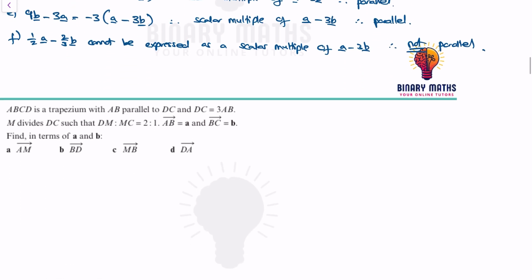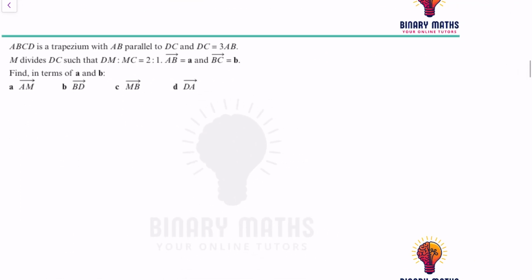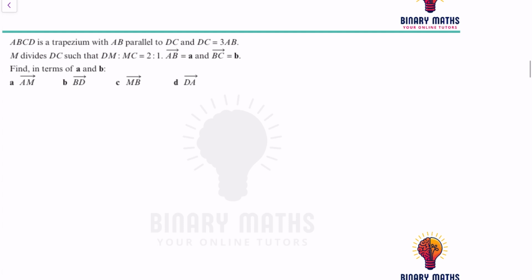Okay, next question. ABCD is a trapezium with AB parallel to DC. So A, B, C, D. AB is parallel to DC, and DC is equal to 3 lots of AB. M divides DC such that D to M to C is 2 to 1.